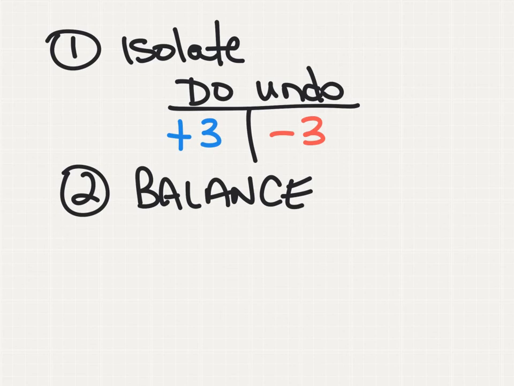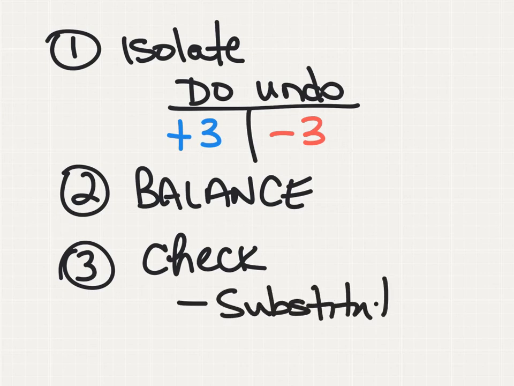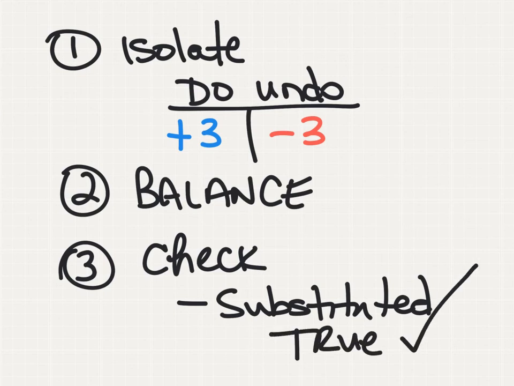Once we had our solution, we then checked our work. And to check, we went back to the original equation and substituted. We substituted our solution in place of the variable. And if we achieved a true statement, then we knew our solution checked and was correct.